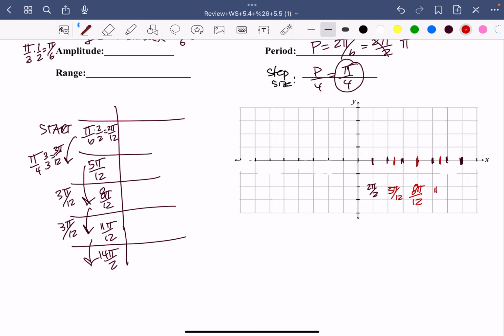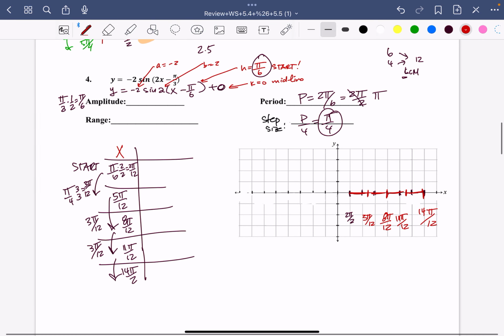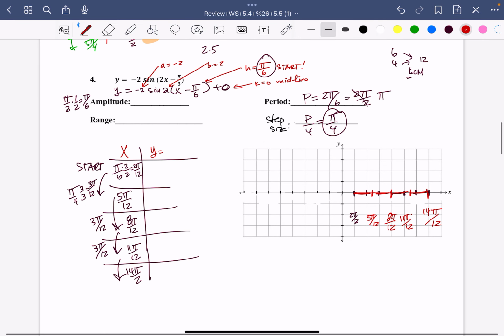Here's 11 pi over 12. And the last one is 14 pi over 12. So there's 1 step, 2 step, 3 step, 4 step. Right? Where those are our x's, and our y's, don't forget, are negative 2 sine of 2x minus pi over 6.